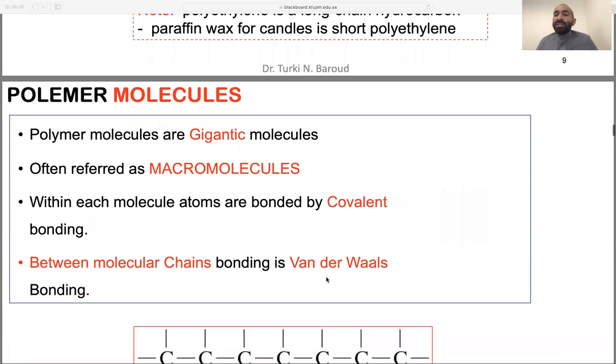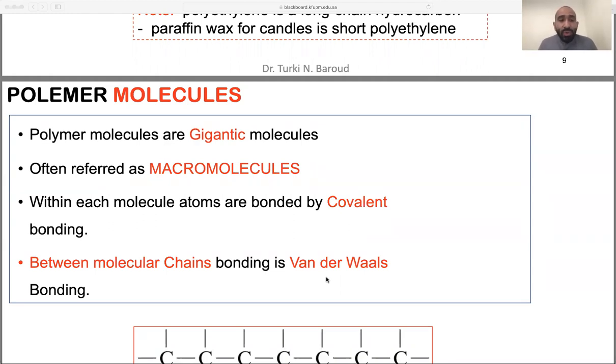Now, what's special about polymer molecules is that they really are gigantic molecules, because you can get very long chains. This is why, instead of calling it a molecule, they sometimes refer to it as macromolecules. Macromolecules refers to the fact that you have many molecules there.